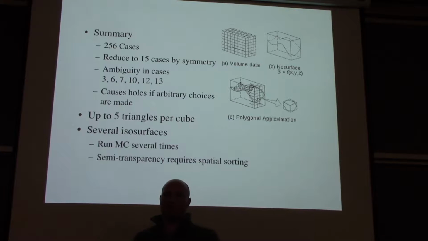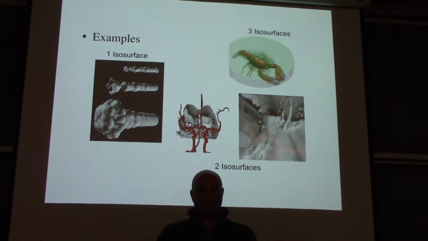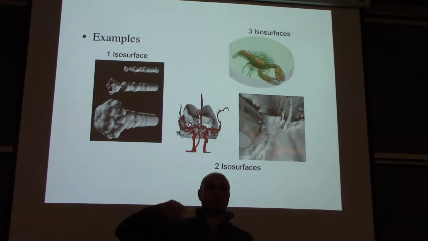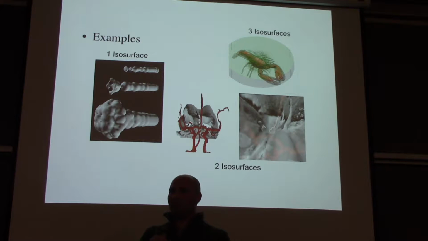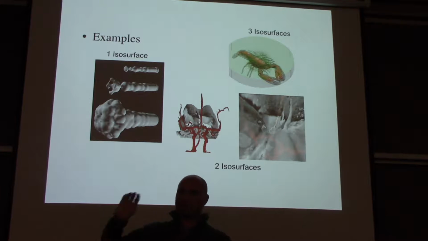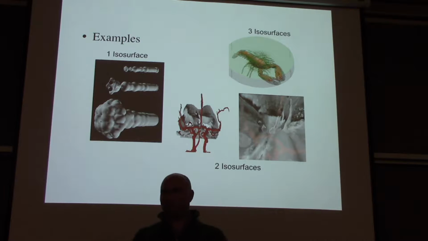And more recently at IEEE LDAV this year, there was a paper from Will Schroeder, Rob Maynard and Berk Geveci called Flying Edges, that is essentially more efficiently streamlining classification of the edges themselves and spitting out a mesh for many edges in parallel as opposed to just doing 1 cube at a time, as Marching Cubes does. And this is a very efficient implementation. I think they got a speed up of, what was it, something like 3 or 4x over standard Marching Cubes.